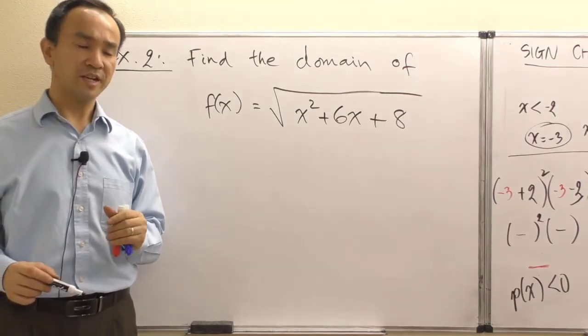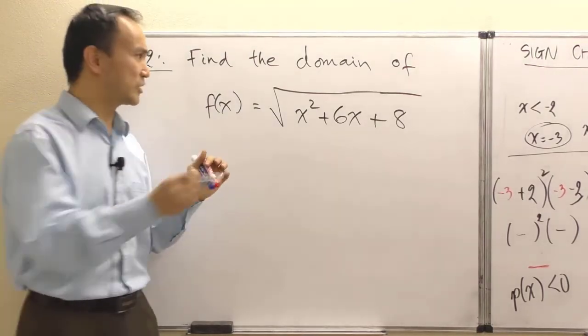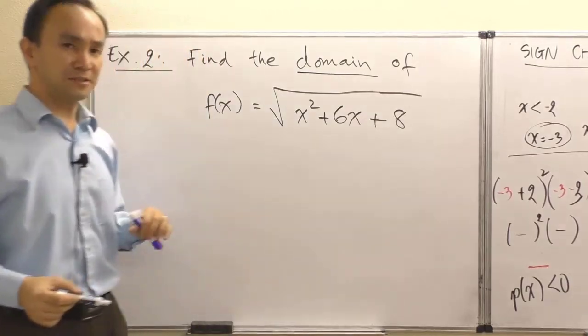So x squared plus 6x plus 8, inside the square root, and we want to find the domain of this.